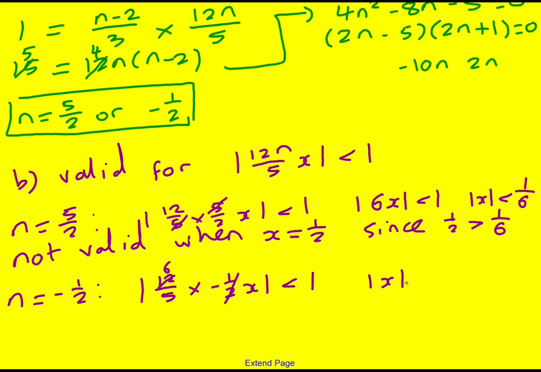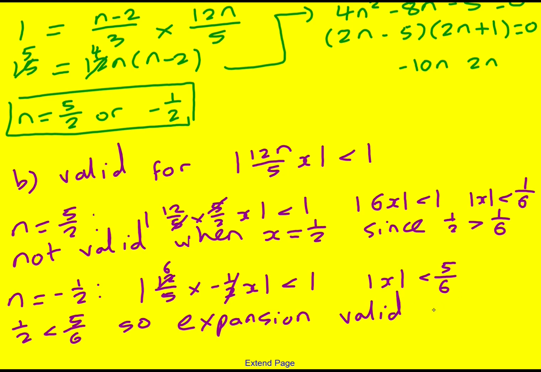This is going to give the modulus of x is less than 5 over 6. And a half is less than 5 over 6. So the expansion is valid for x equals a half when n equals minus a half.